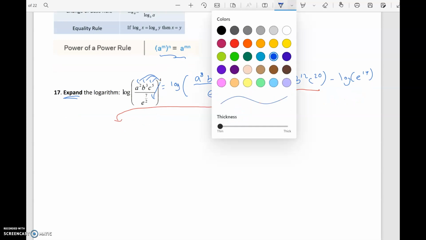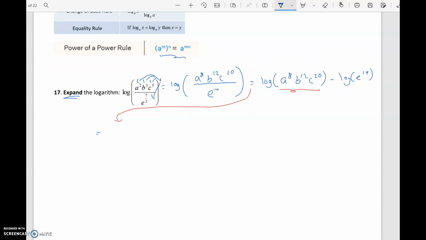And this is going to be equivalent to the log of a to the 8th plus the log of b to the 12th plus the log of c to the 20th minus the log of e to the 14th.